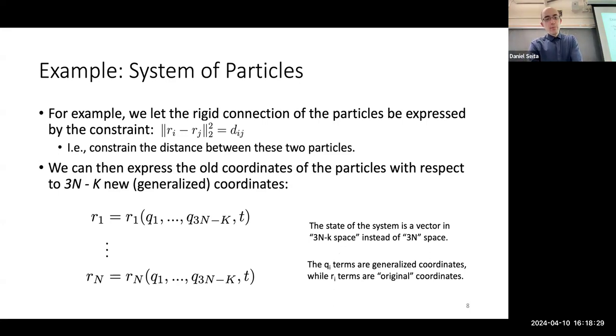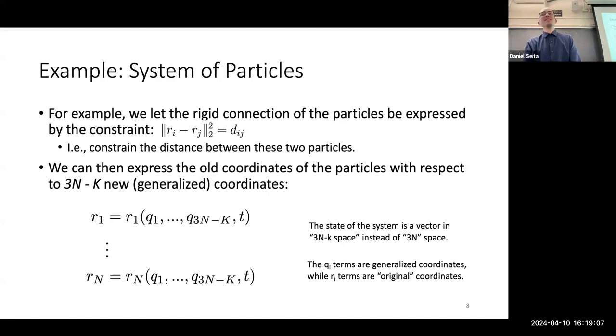So if you notice what this means, Q1 and all of these numbers don't necessarily correspond to the position of particle 1, particle 2. They're just numbers that denote what you need to describe the whole system now. So instead of all the R's, you now describe the system with Q1 all the way to Q3n minus K. The exact implementation of these functions is not really critical here, and I don't know the details of how those would be implemented.